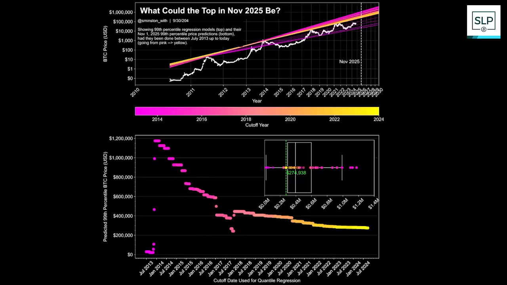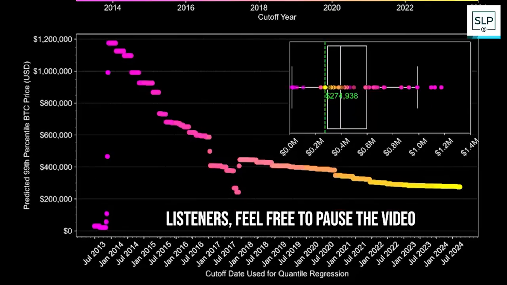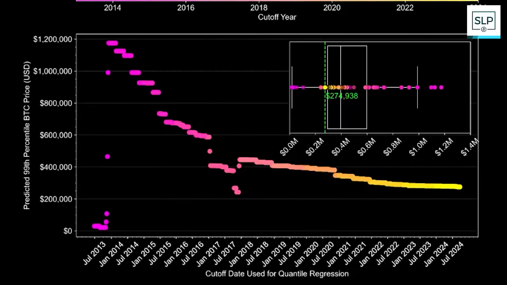Yeah, all of this is trying to predict if the bubble top happens in November of next year, 2025. All that bottom chart is showing is what happens if you were to try to do that using the 99th percentile quantile model, running that in July of 2013. The point is that you would have way overestimated it.